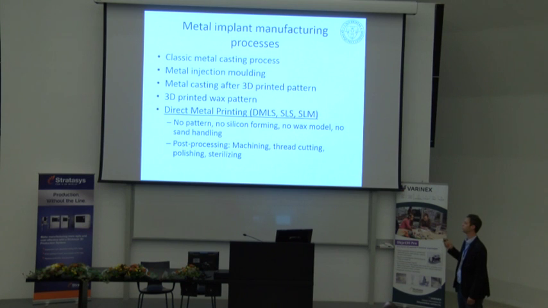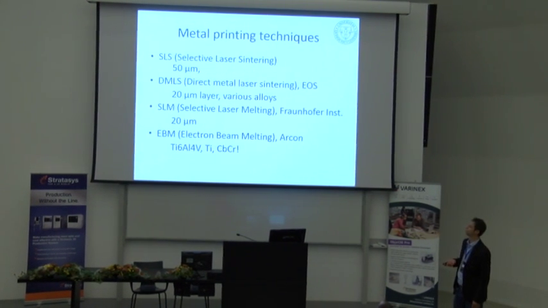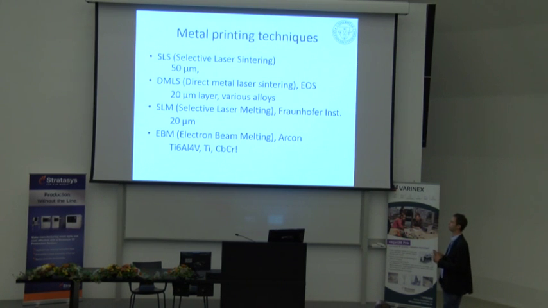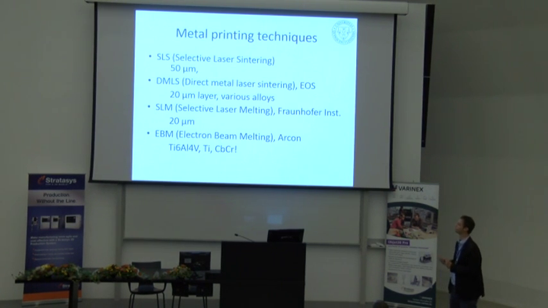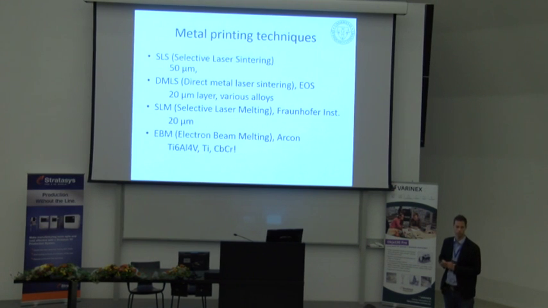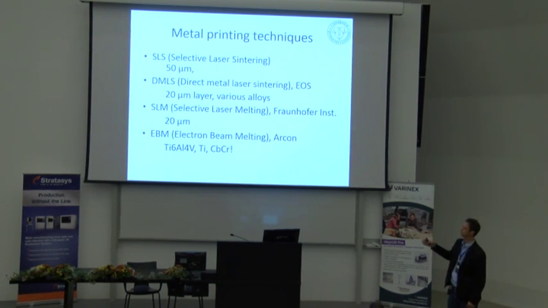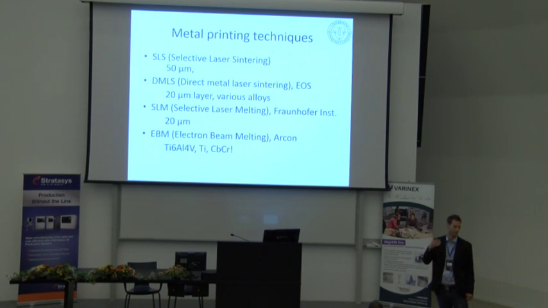There are no patterns needed, no silicone forming, no wax, and maybe some post-processing, but not in every process. Basically, two main methods are good for manufacturing implants with additive technology: the sintering type of manufacturing and the melting type.